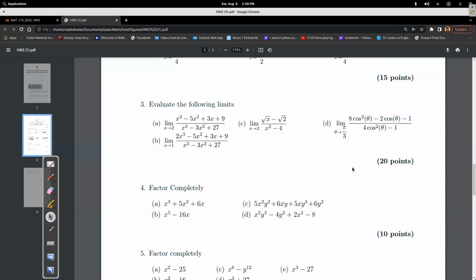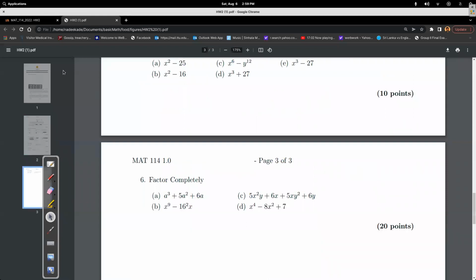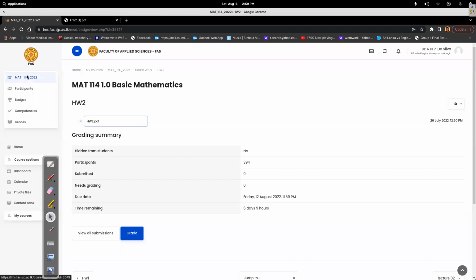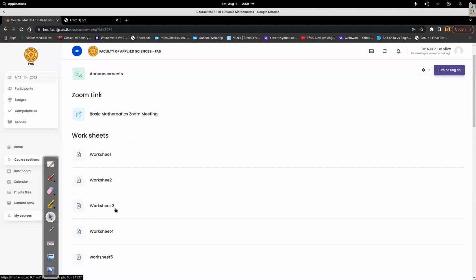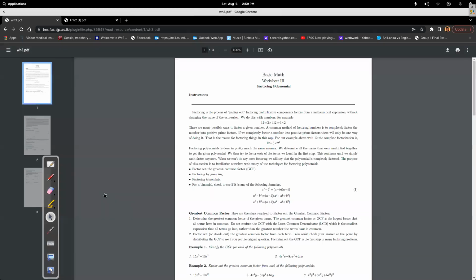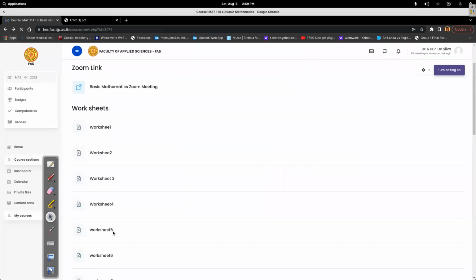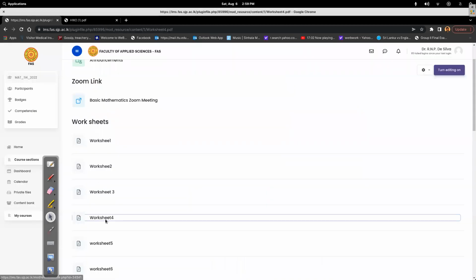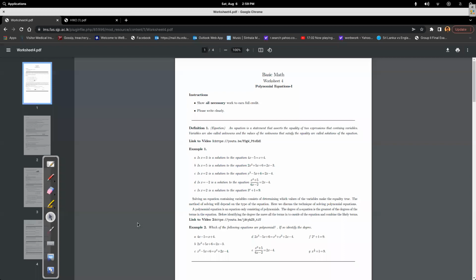Okay, then I had some factoring homework here. Okay, so we did worksheet, that worksheet 1 problem. Let's see, that is worksheet 3. Oh, yes, that 3. I will include a worksheet for log and exponential also.